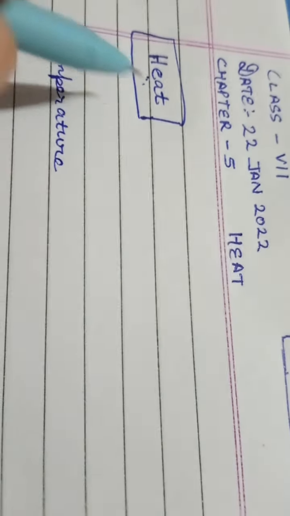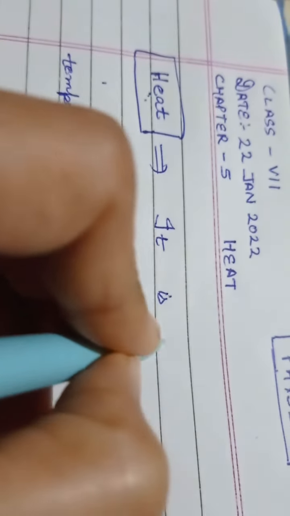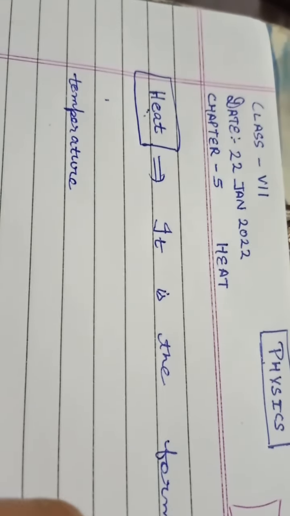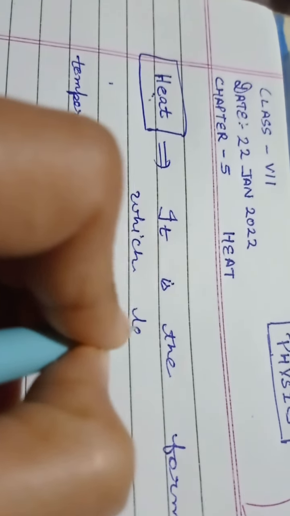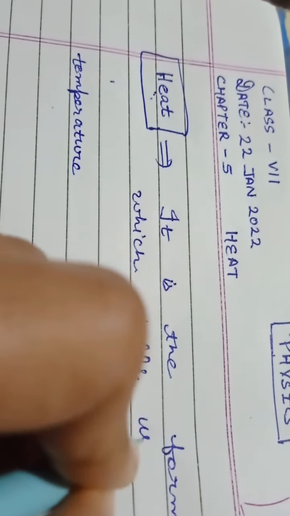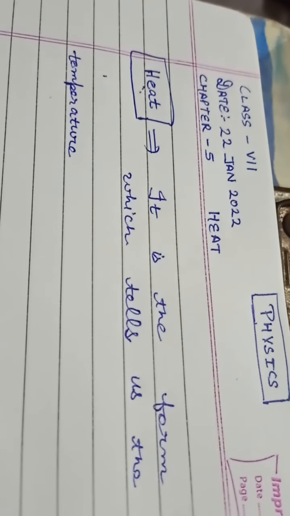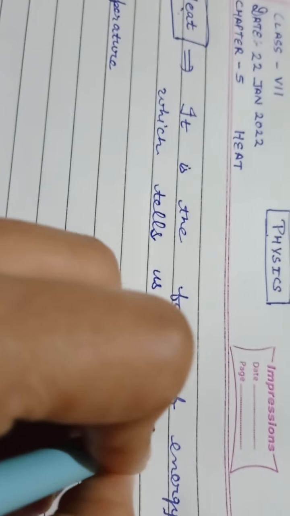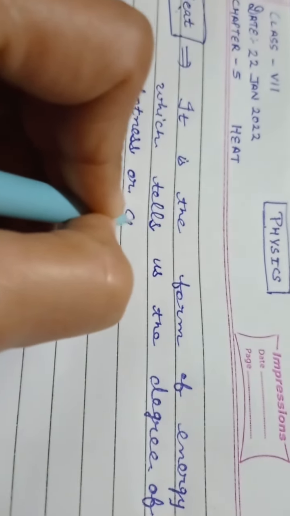So what will be the definition of heat, students? Heat is the form of energy which tells us the degree of hotness or coldness.